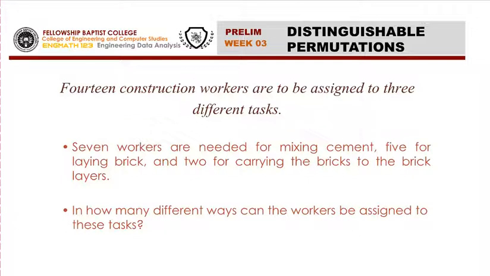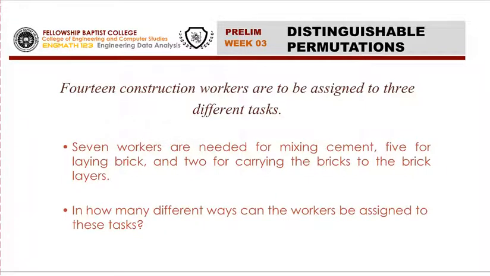In how many different ways can the workers be assigned? So may ara ka 14 ka construction workers, i-assign sila sa 3 different tasks. May ara nga pwede naton ibutang for the mixing, 5 para sa laying brick, may ara kita 2 para sa carrying bricks to bricklayers.